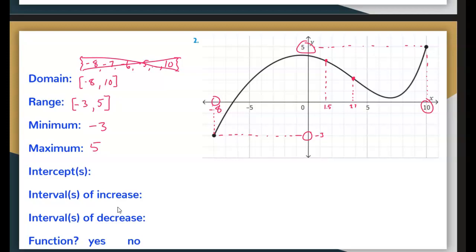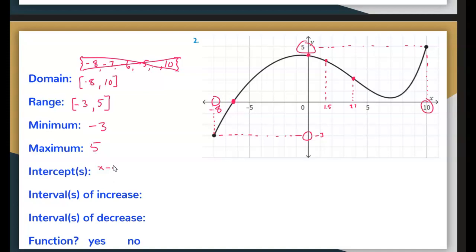How about intercepts? Can you see where this graph is crossing an axis? Maybe it crosses an axis more than once, or it crosses two different axes. Yeah, there are a couple of places. There's a y-intercept right there, and there's an x-intercept right here.